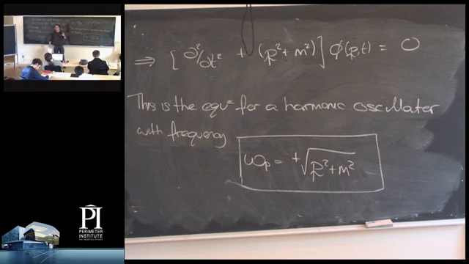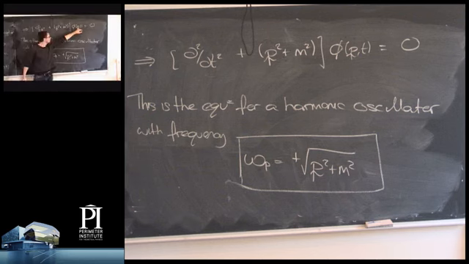Okay, so what's the solution to the classical Klein-Gordon equation? Well, it's a superposition of harmonic oscillators, an infinite number of them, labeled by this 3-vector p. Each of these is oscillating in time at this frequency, so they're each oscillating at a slightly different frequency.